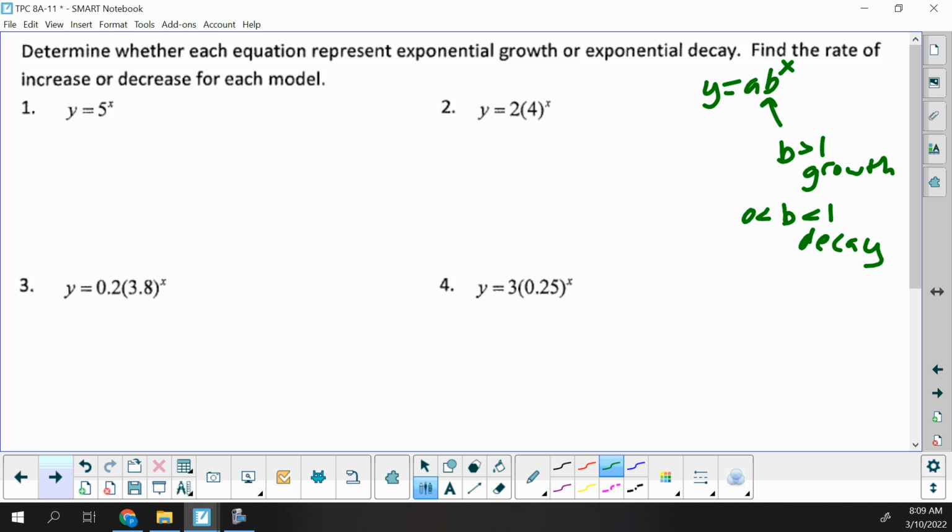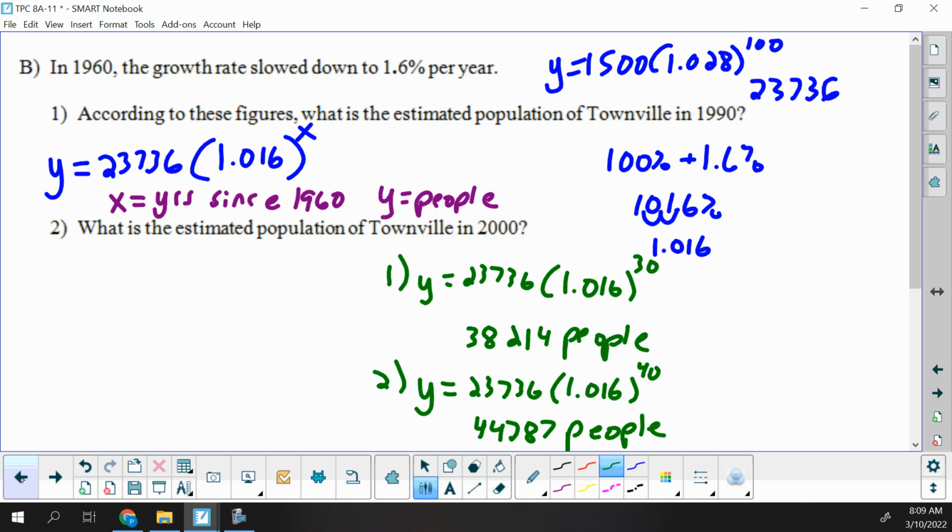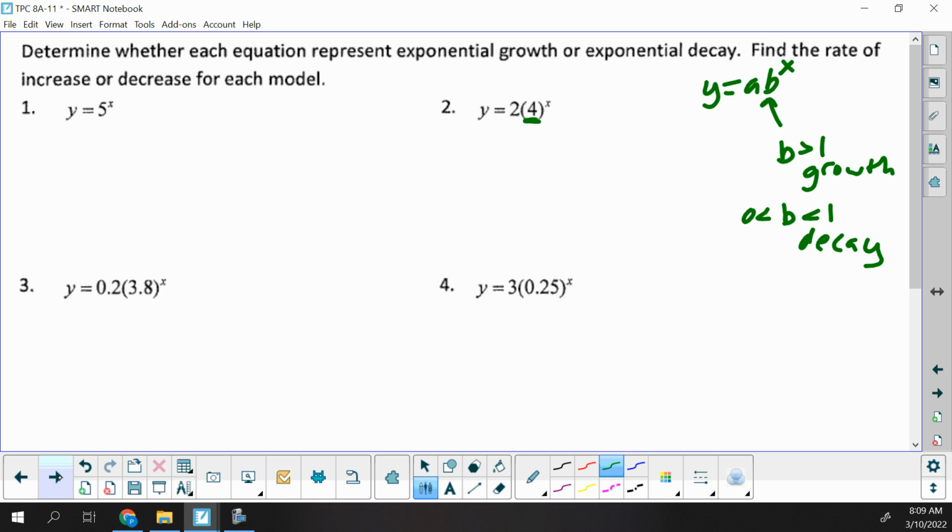Job number 2 is to find the rate of increase or decrease. Well, let's look at number 2, and we'll do that. So to find what went in here on the last problems, remember we did 100% plus our rate of increase or decrease to eventually give us what was inside. Well, we're basically working backwards here. 100% plus something is going to equal, and we got to think about what 4 was as a percent before you moved the decimals over.